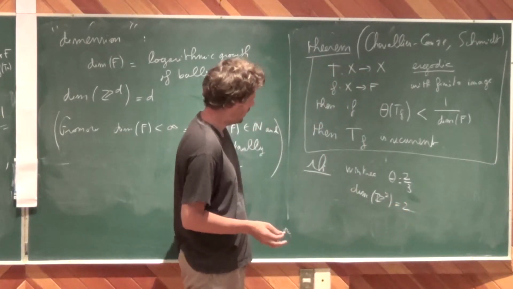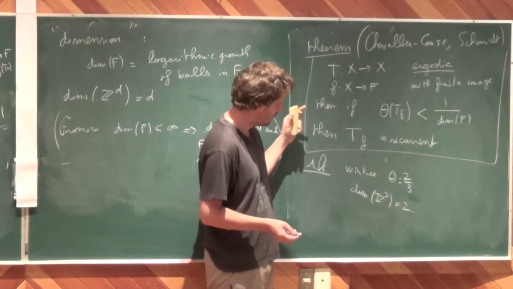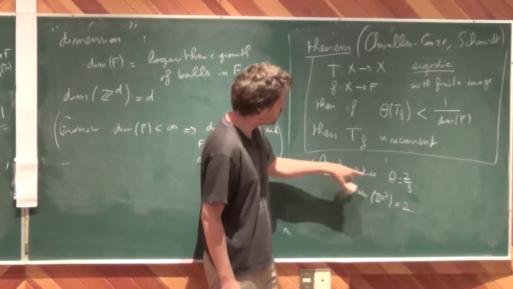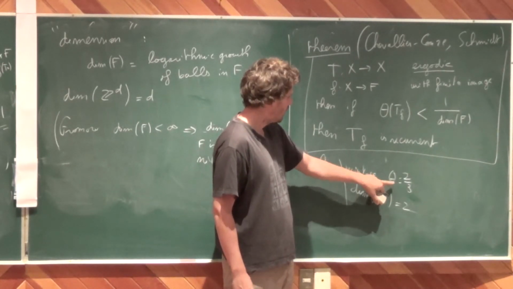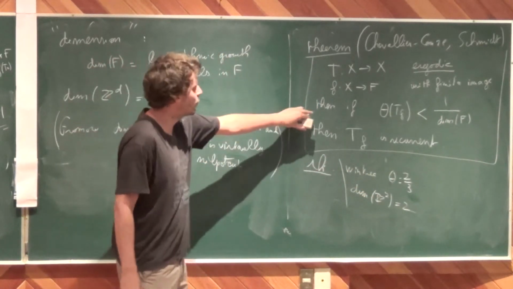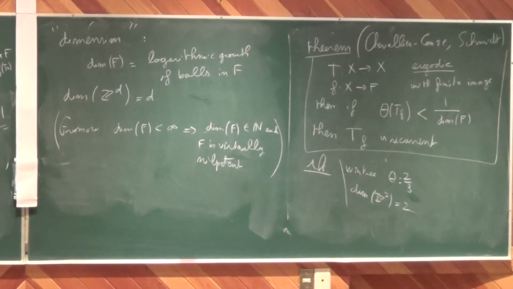So even if you prove that 2/3 is not smaller than 1/2, this is an easy lemma, even if you prove that the diffusion rate is 2/3, you do not get automatically the recurrence. This might be useful if you have a very small diffusion rate: you automatically have recurrence, which is nice.